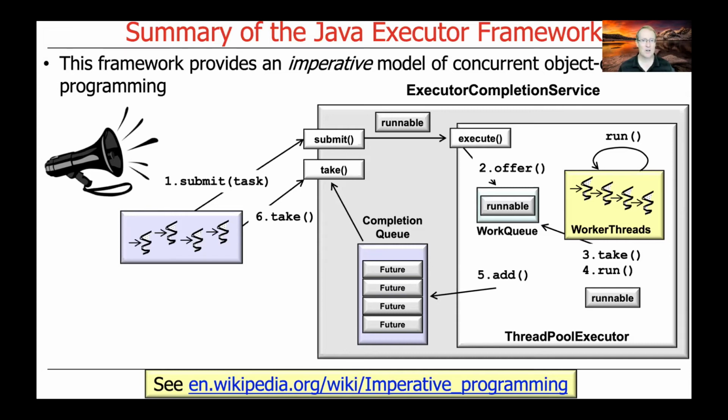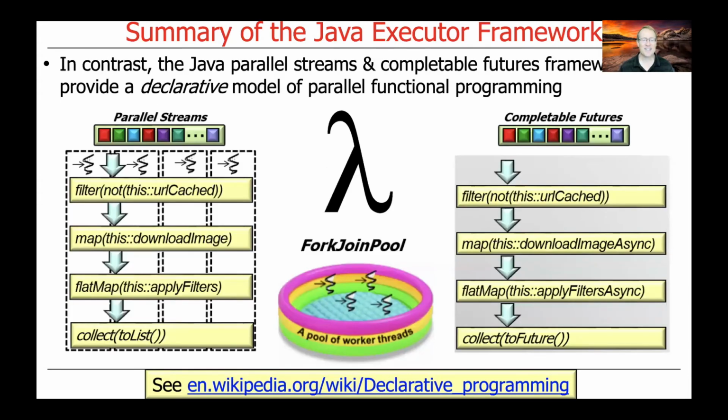Those objects are then either queued or not queued and run by threads in the pool, and the results are delivered or not delivered, depending on the semantics of what you've chosen, through various means. But the overall philosophy behind this framework is the concept of objects and allowing those objects to run concurrently in a pool of threads.